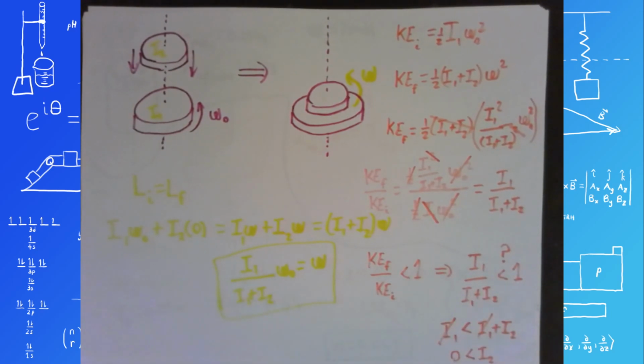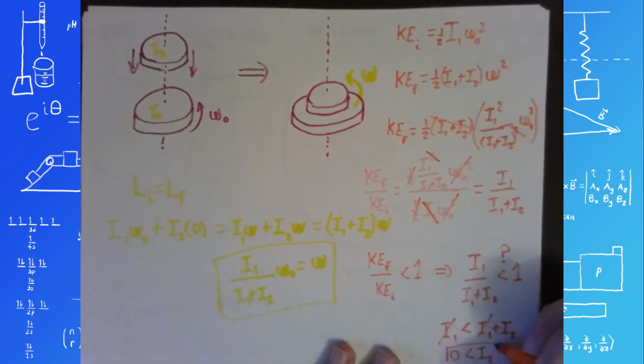I2 cannot be negative, and it's definitely not 0, so there you go. We have proven it.